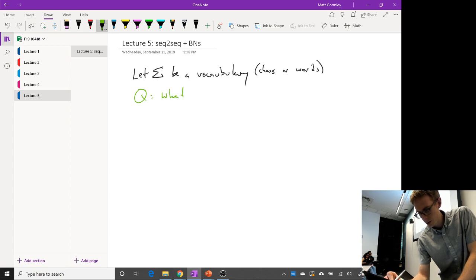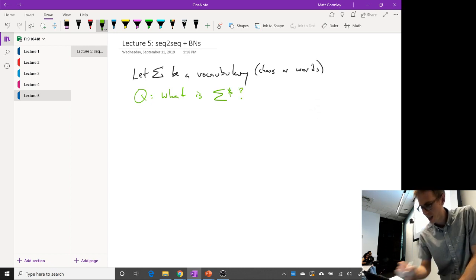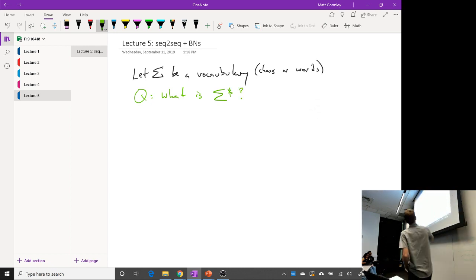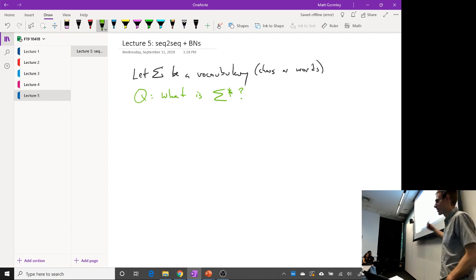So the question is, what on earth is sigma star? Does anyone know the name of this little star that we're using here? Oh, sure, it's an asterisk. But it has a mathematical name when we use it in this way.